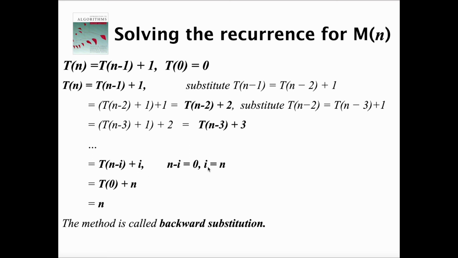So, for i equal to n, magiging 0 plus n. So, we have n. And then, we're done. So, we obtained the closed form for this recursive formulation. This method is called the backward substitution.